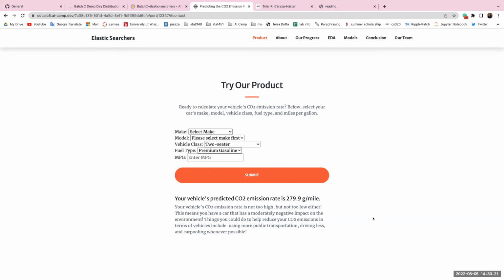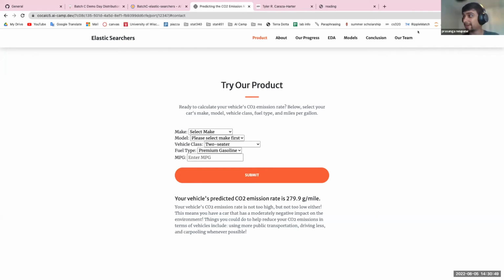Some things you can do to help reduce your carbon dioxide emissions in terms of vehicles include using more public transportation, driving less, and carpooling whenever possible. However, in other cases, when the carbon emission is low, the product will give more lenient solutions to reduce your carbon footprint. And when the carbon emission is high, the product will provide more suggestions for reducing your daily carbon footprint. And yeah, that's our product.